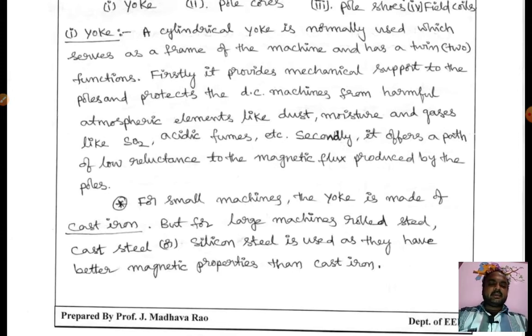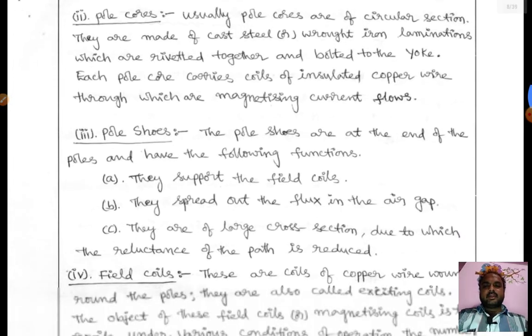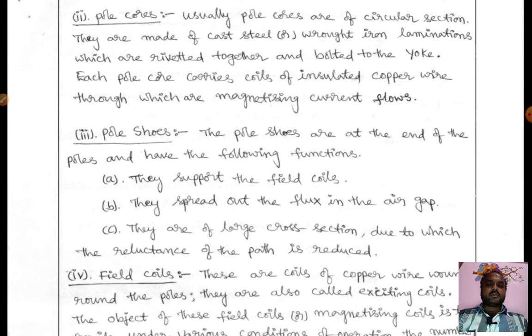For small size DC motors, the yoke is made of cast iron. For large, heavy size motors, the yoke is made of cast steel or silicon steel material, right?